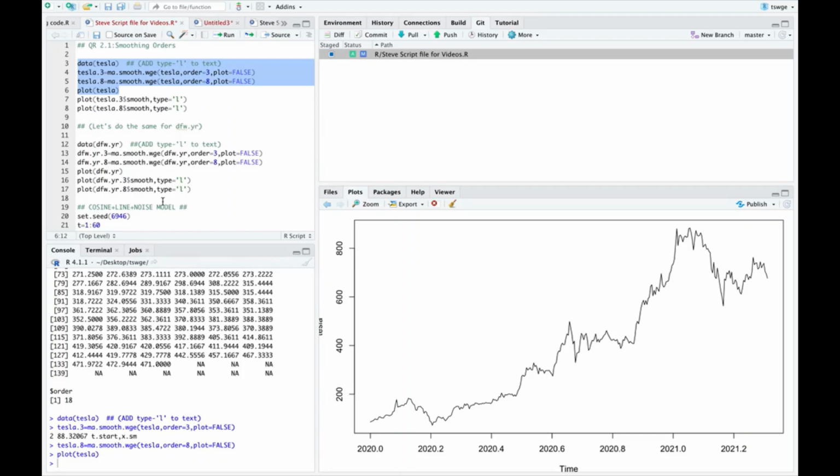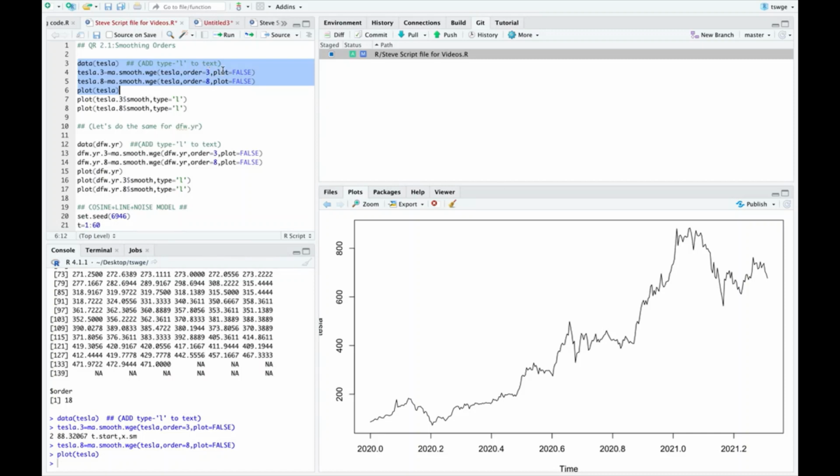You can tell in the commands up above we've already done that. We called it Tesla.3, and that is a smoother of order 3. So look at the syntax that we have here: ma.smooth.wge. That's the tswge function to smooth a data set. The arguments are simply the data set name, the order equals 3 here, and plot.